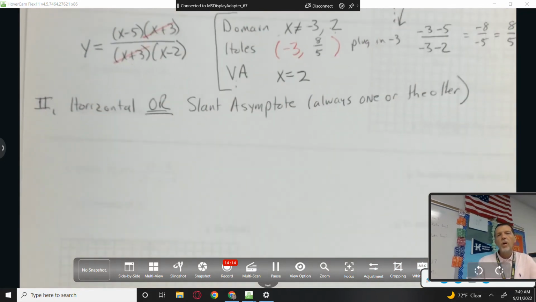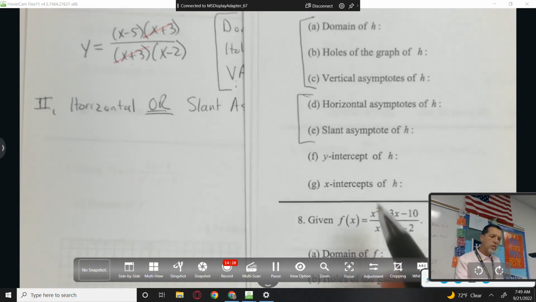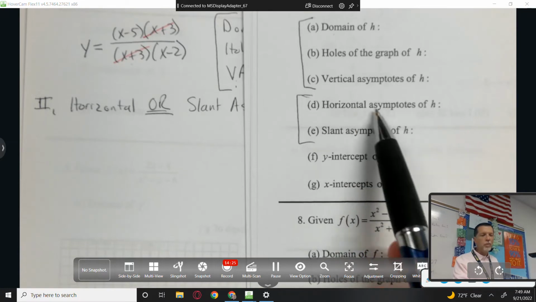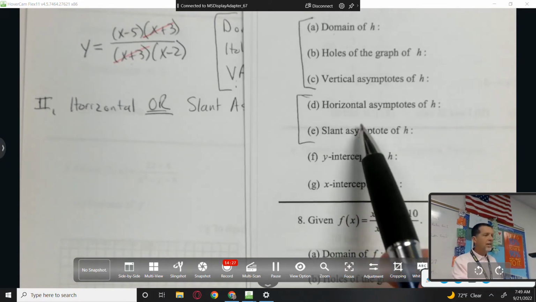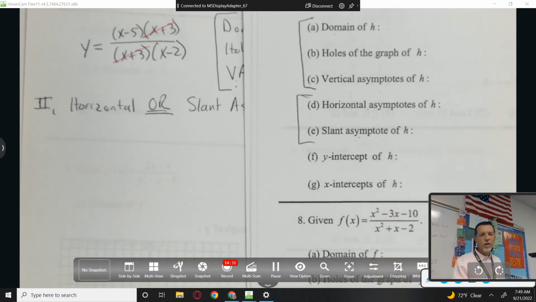So we will always ask for both. So question D, question E. Without even looking at the problem, one of those answers is going to be none, because there's going to be a horizontal or a slant, but not both. So one of those answers will always be none.